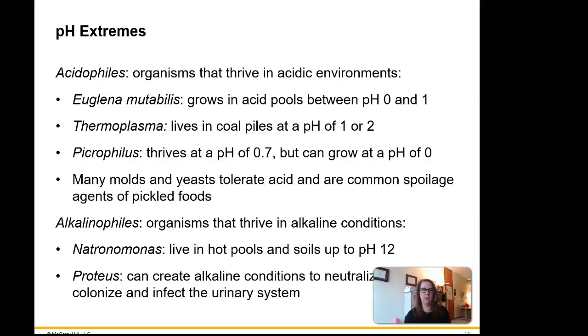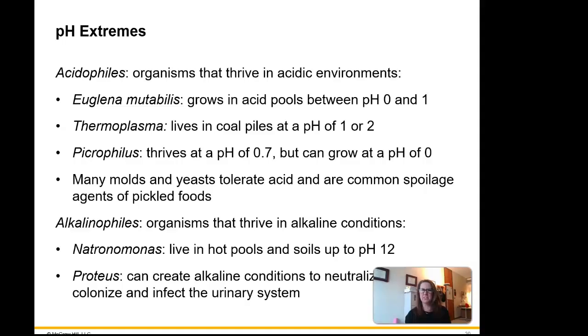So then on the other end of the extreme, the alkalinophiles. So alkaline is that basic range or the higher range of our pH spectrum. And so they like essentially those situations. Natronomonas lives in hot pools and soils up to pH 12.